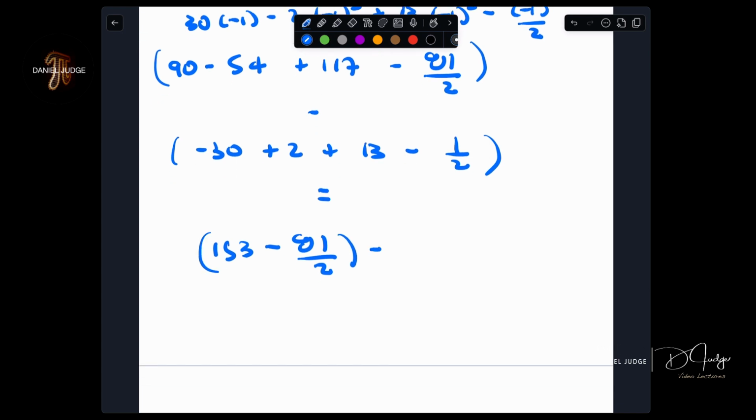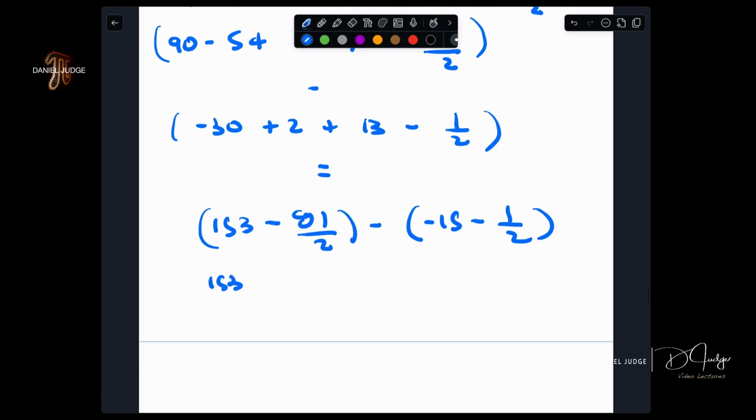That's the first set of parentheses, minus negative 30 plus 2, negative 28 plus 13. Looks like it'd be a negative 15. And that's still minus 1/2. Take a look at why I'm kind of doing that. All right, so double check your arithmetic. Now, this is 153 minus 81 halves, plus 15 plus 1/2.